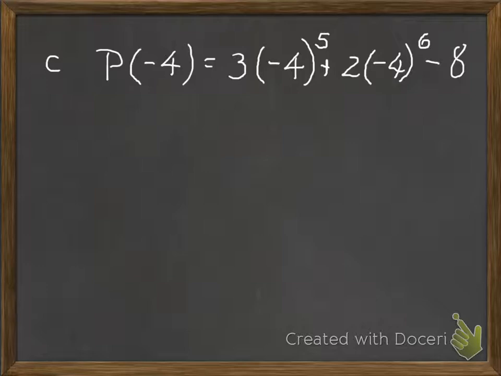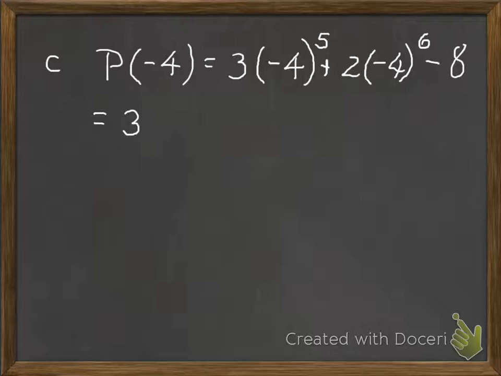Okay, now it's just a matter of evaluating. Do that very carefully. You know that a negative base raised to an odd power, negative times a positive is a negative. When you have an odd power and a negative base, you're going to have a negative result.